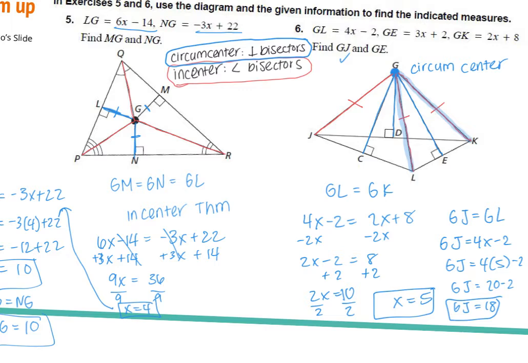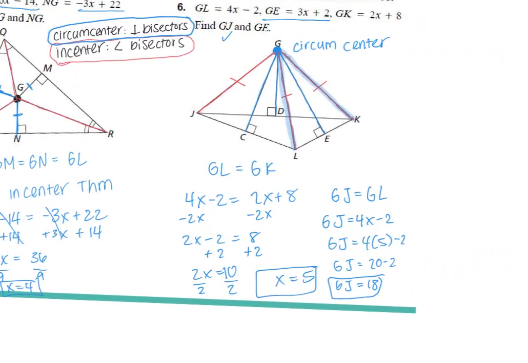It told us that GE equals 3x plus 2, so we're going to plug it in there. But remember, GE does not have to be equal to GL and GK, so we were probably not going to get 18. So GE equals 3x plus 2. Plug in x equals 5. GE equals 3 times 5 plus 2, equals 15 plus 2. So GE equals 17.